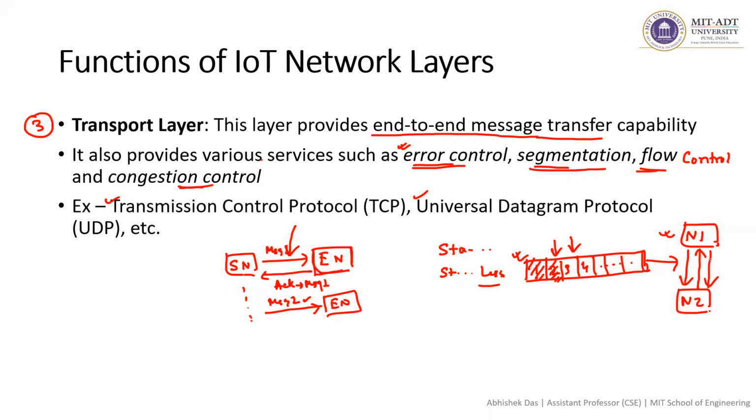That is how the transport layer maintains congestion control. So these are the various services the transport layer provides. Examples of protocols are the Transmission Control Protocol, TCP, and the User Datagram Protocol, that is UDP.